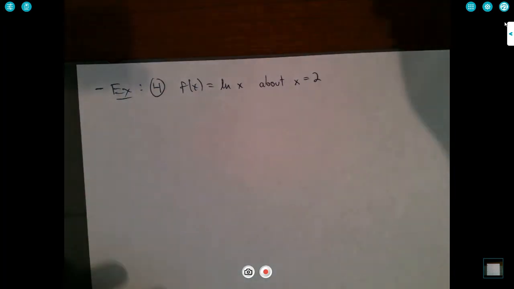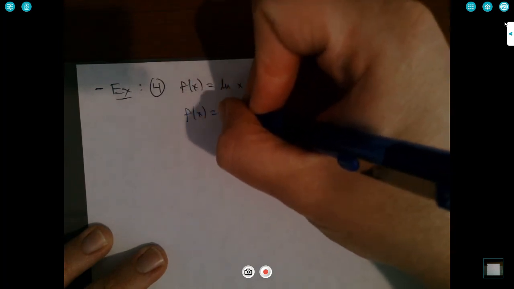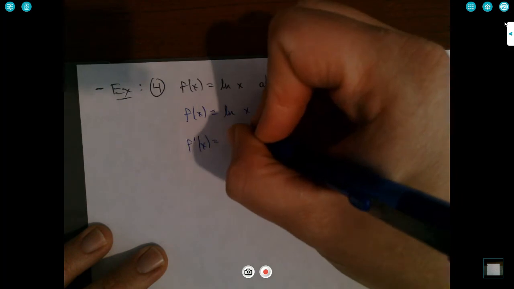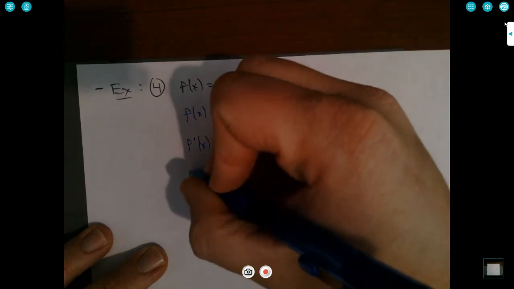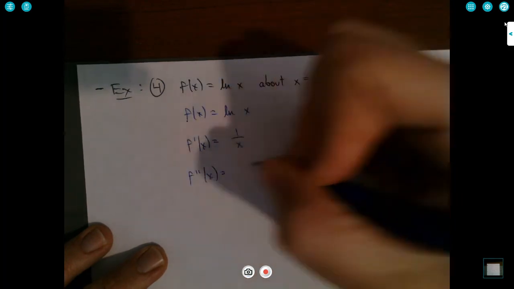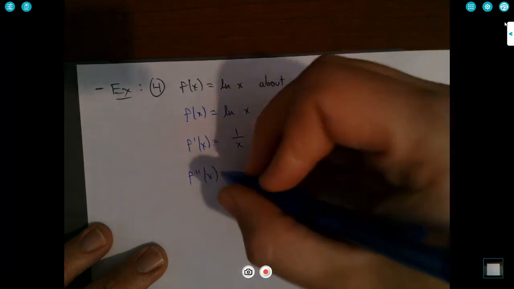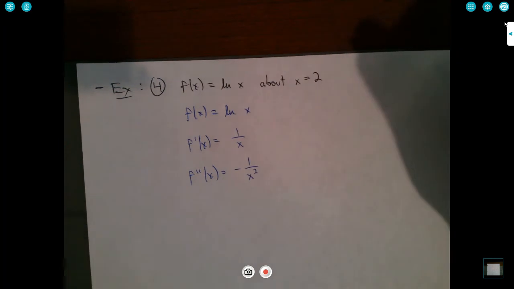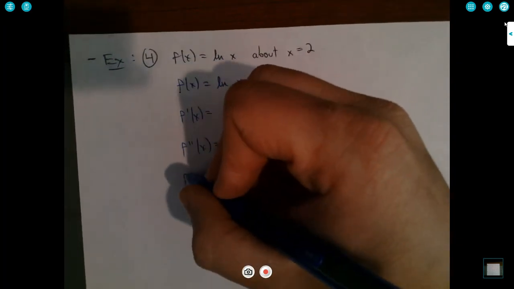All right, so let's do this. So, f of x is ln of x. F prime of x is 1 over x. F double prime of x is going to be, well, this is x to the negative 1, so it's negative x to the negative 2, right? So negative 1 over x squared. F triple prime.